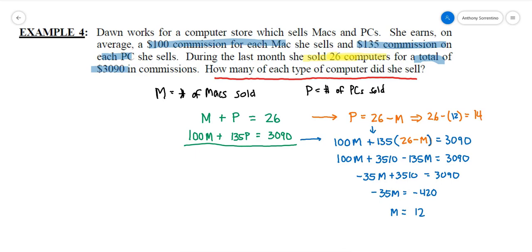So based on the information that we were gathering here, now we go back and make sure, am I answering the question that they asked for? Sometimes they may ask us how many PCs did she sell. They might ask how many of the other ones she sold. In this case, they're asking for both. So answer the question that's always given. Dawn sold 14 PCs and 12 Macs last month. And that's how you go through and do it.